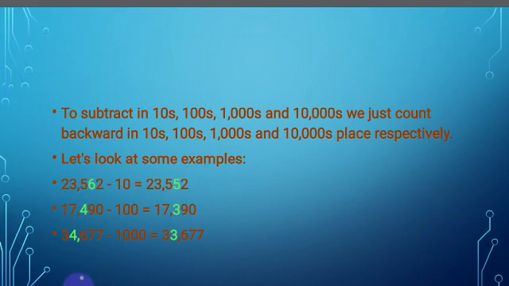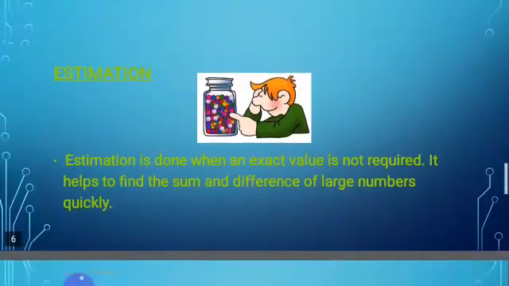Here, if we observe, only the number in the tens place is changed. Same for the second and the third example. Minus 100 means the number in the hundreds place would change, and minus 1000 changes the number in the thousands place.